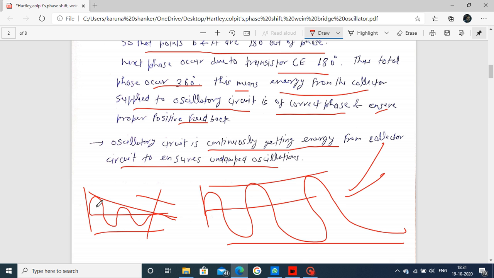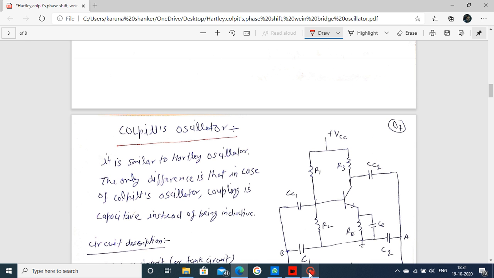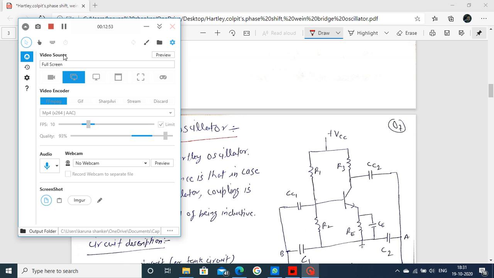That's why the oscillator circuit continues getting energy from the collector terminal, and this forms your sustained oscillation. This is the Hartley oscillator. Next, let's see the Colpitts oscillator. Observe the Colpitts oscillator in the next topic.